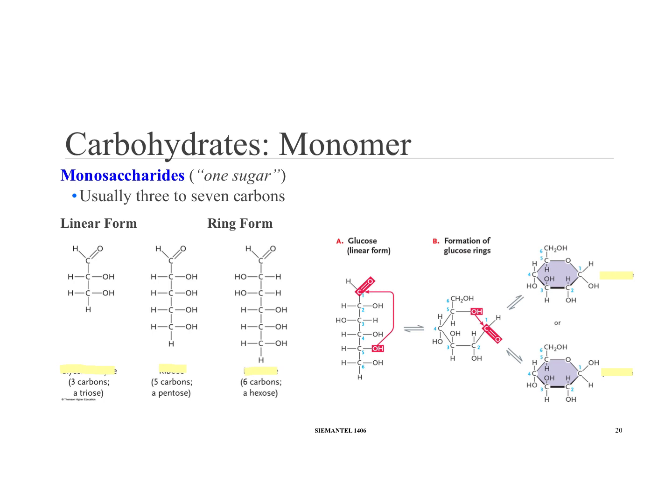Okay, so if carbohydrate is the polymer, then what is the monomer of carbohydrates? Carbs are made up of monosaccharides. So mono means one, and saccharide actually means sugar. So literally one sugar. In terms of size, these usually have anywhere between 3 to 7 carbons, so they're not very big at all.